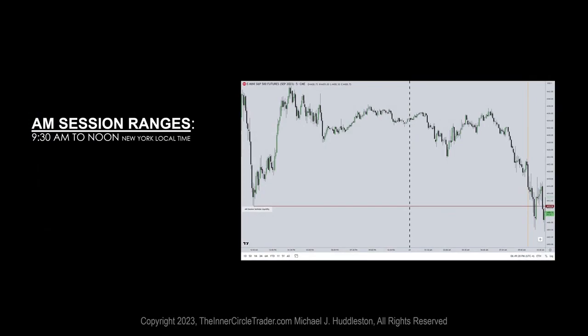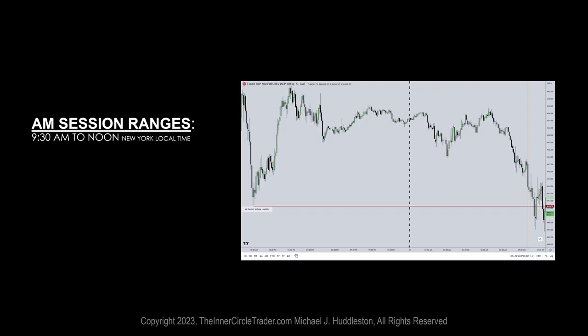AM session ranges 9:30 in the morning to noon. So, right away, we are considering this in the afternoon. So, we can always refer to it in the same trading day. So, we could be anticipating a market reversal profile, something to that effect.